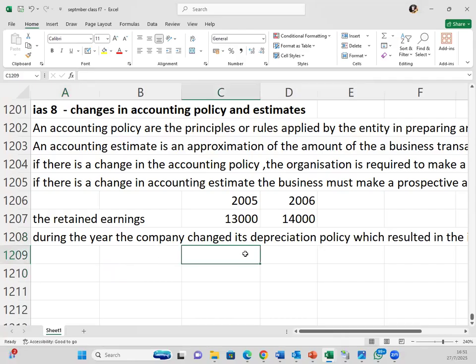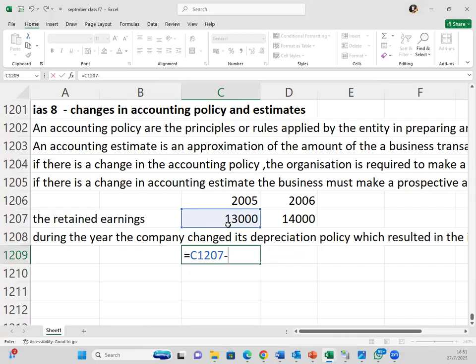Now the new charge is higher than the previous one. So it is very comparative. It means the opening balance here, if the depreciation is now higher, it means the last year depreciation was understated. So we have to adjust the prior year amount because they've said it's the policy that has changed.